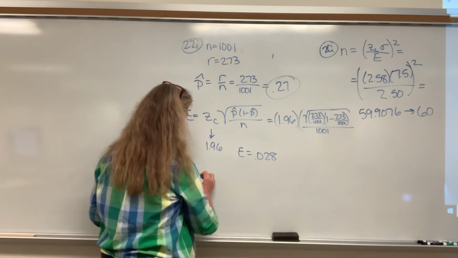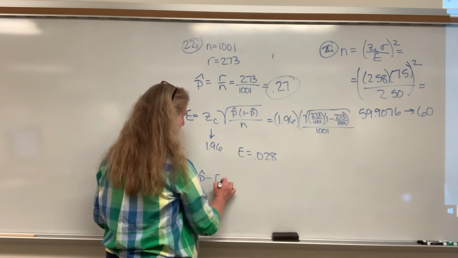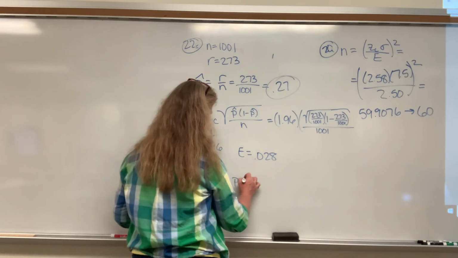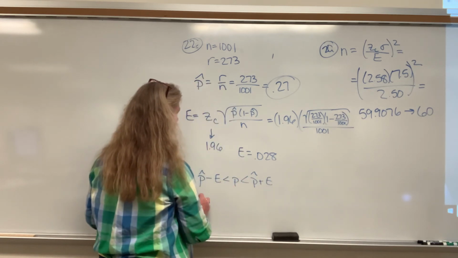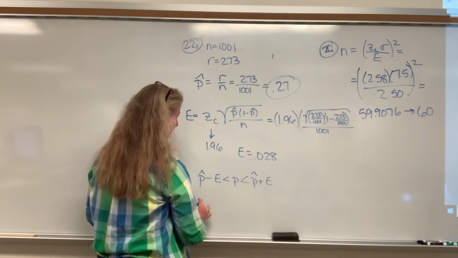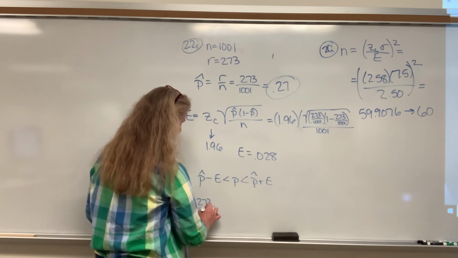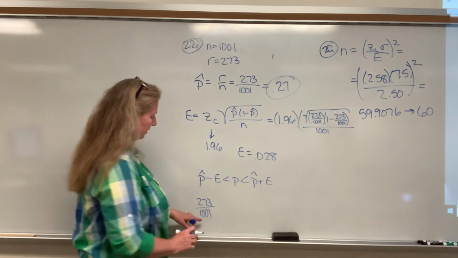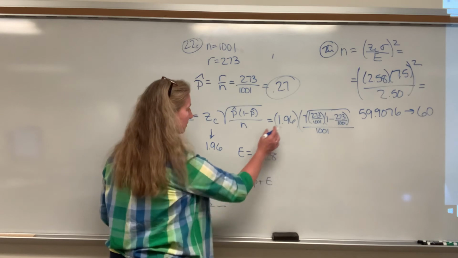And then to find my confidence interval, I take P hat minus the error is less than P, which is less than P hat plus the error. So P hat was 0.27. Again, really I should write it out. I should do it the long way. 273 divided by 1,001 minus whatever this error was.